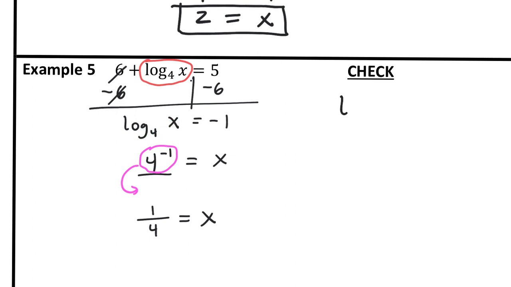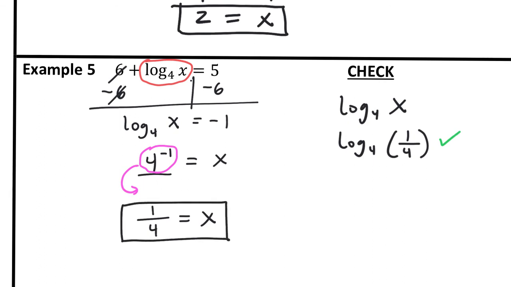So I have log base 4 of x, but I'm going to replace x with the answer that I got, 1/4. Is that a positive answer? Right, 1/4 is positive. So positive is okay inside of a log. So then 1/4 is my answer.